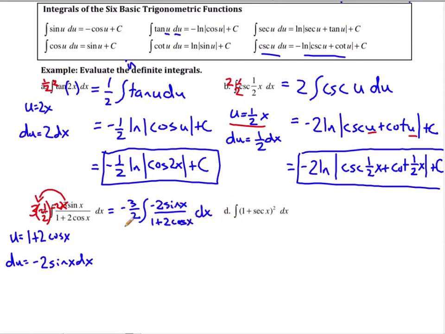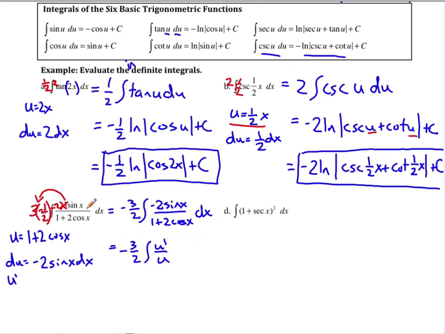And now you can see we do have u prime, right? Because du and u prime are the same thing. So we have u prime over u. So we have negative 3/2 times the integral of u prime over u.